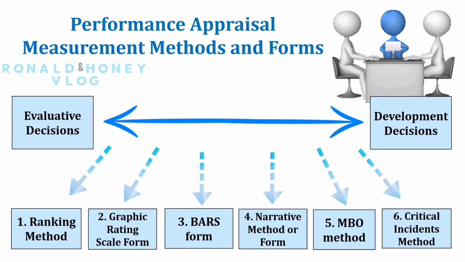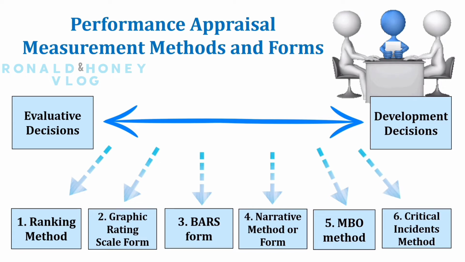Okay, when you try to Google or search different websites about these methods and forms, there are a lot of definitions, but I will just give you a concise and short definition of what these methods and forms are all about. First we have the ranking method.